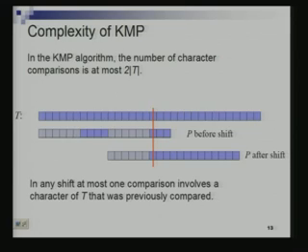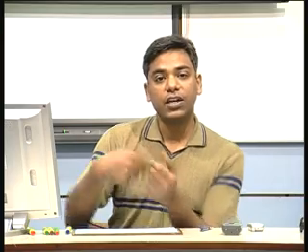Overall put together. देखिए, every time I do an unsuccessful comparison, I shift the pattern, ठीक है, फिर से एक अनसक्सेसफुल कंपैरिजन हुआ, अगर फिर से पैटर्न को शिफ्ट कर दिया। कितनी बार आप पैटर्न को शिफ्ट कर सकते हैं टोटल? At most the size of the text. So the number of unsuccessful comparisons is at most the size of the text, which is n, right? So unsuccessful comparisons are not too many. Successful comparisons कितने होंगे?